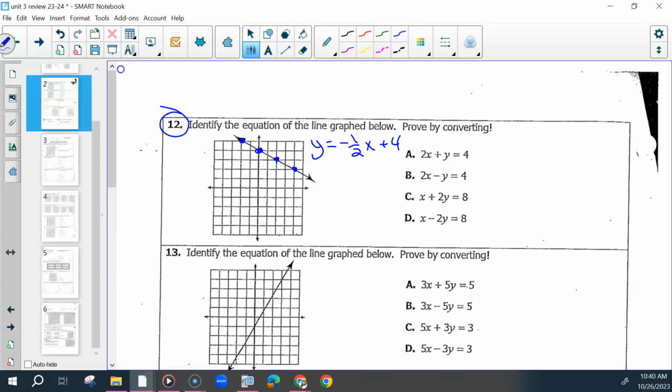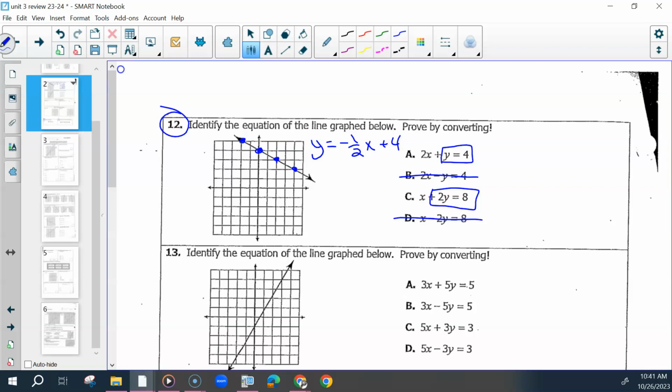Now, to help us eliminate some of these, if we were solving this in standard form, just covering up the x term, solving for y, this could be an answer. This would not. This could be an answer. This would not, if we were solving for y.